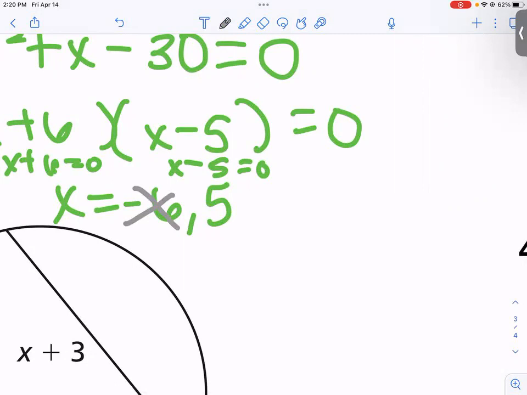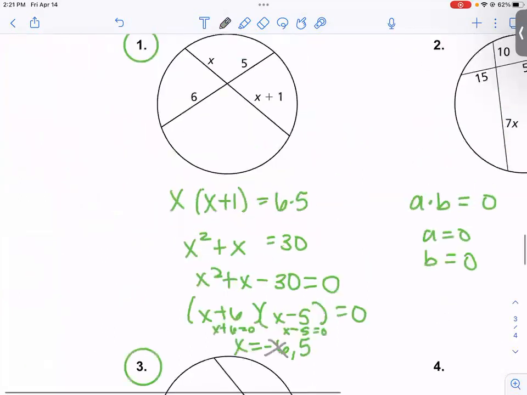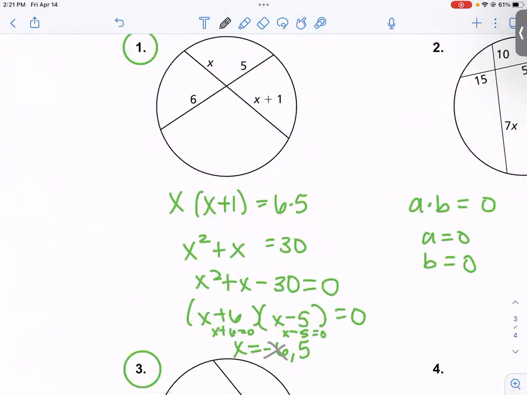Do you have a question as to why negative 6 is not okay? Since X represents this segment right here, can I have a segment inside of my circle with length negative 6? No, that's not possible. You can't have something that's negative.